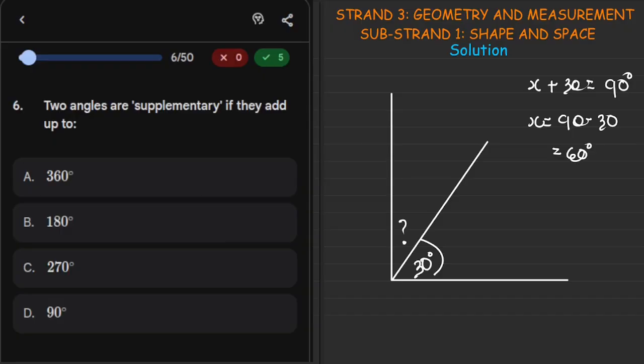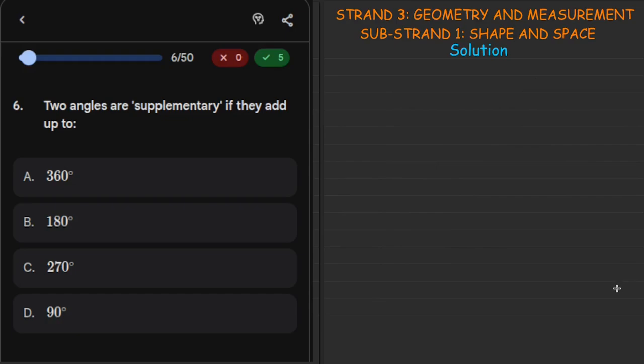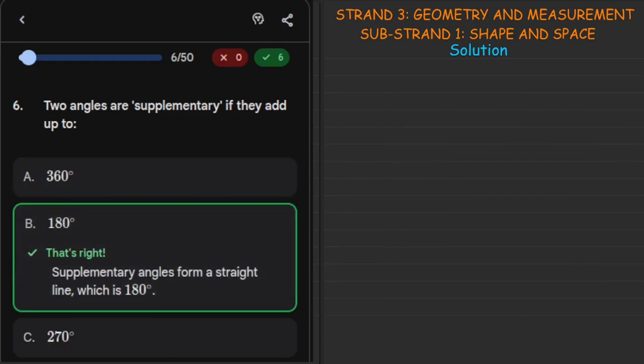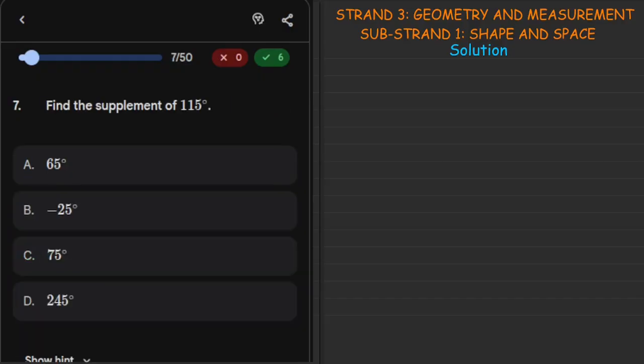Question number 6. Two angles are supplementary if they add up to what? Supplementary angles are also called straight line angles, that is, they sum up to 180 degrees. For this case, we have to find the supplement of 115. Say you have an angle which is 115, not drawn to scale.